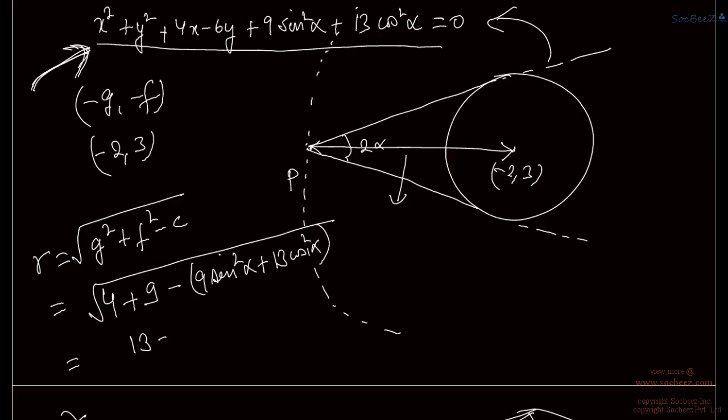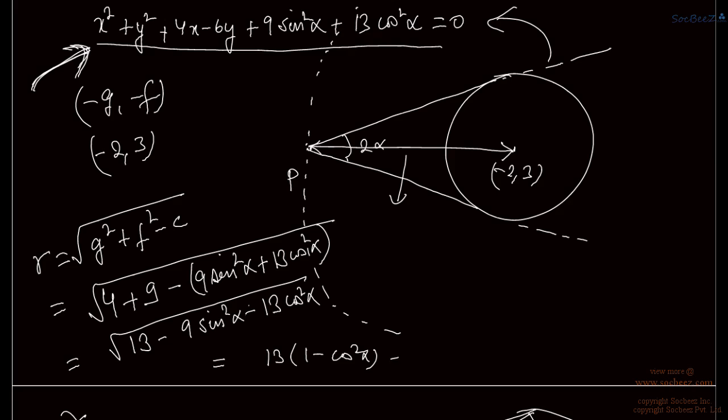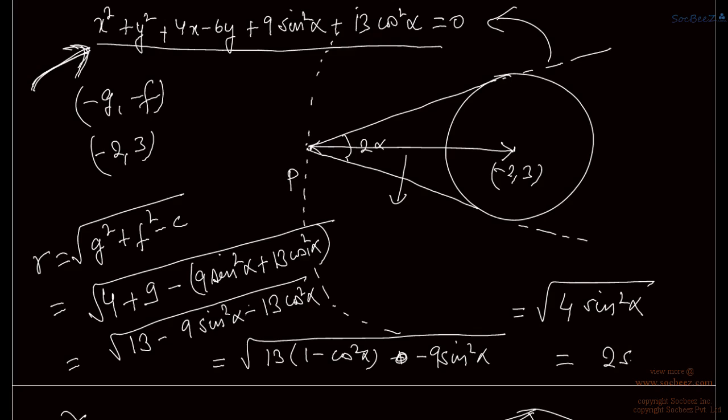So we have 13 minus 9 sin square alpha minus 13 cos square alpha under root, or we have the radius as 13 taking that common, 1 minus cos square alpha, minus 9 sin square alpha, which is nothing but 13 sin square alpha, since 1 minus cos square alpha is nothing but sin square alpha. So 13 sin square alpha minus 9 sin square alpha, which is 4 sin square alpha under root. So the radius is 2 sin alpha.